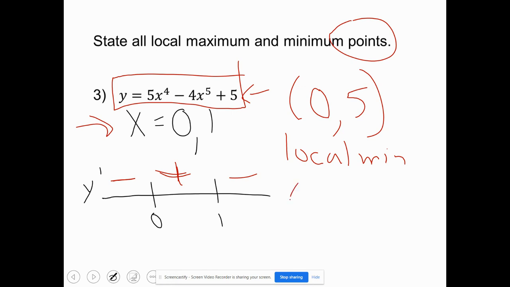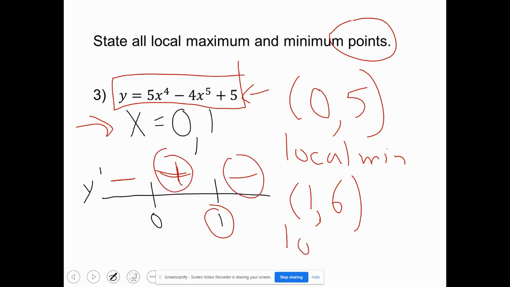My second point was when x is equal to 1. And I would plug x equals 1 back into my original equation. 5 minus 4 plus 5 gives me 6 back. And at x equals 1, we went from positive slopes to negative slopes, so this has to be a local maximum point.